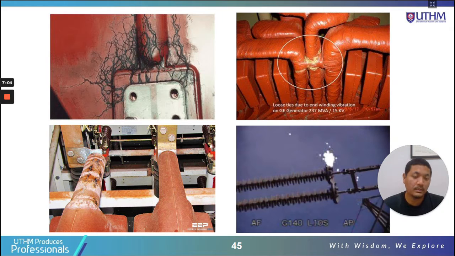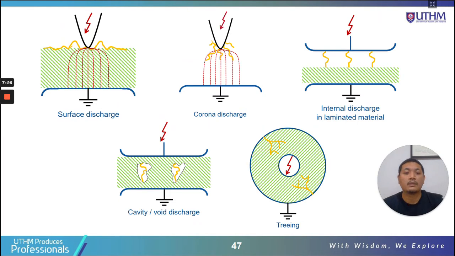Corona is electrical discharge that happens on the surface of an electrode inside gas. So this is the electrode inside the air, and the PD occurs here on the surface of the electrode. We call it corona. These are the common types of partial discharge.